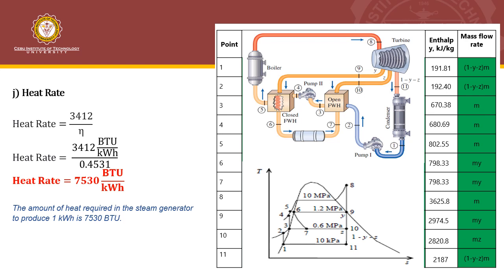So there's no one solution for problems involving regenerative Rankine cycle, unlike the other cycles that we tackled previously. Here we really have to analyze which part is connected to which part, what mass flow rate flows to each of the components, and we need to do a lot of energy balance in order to get those unknown quantities.